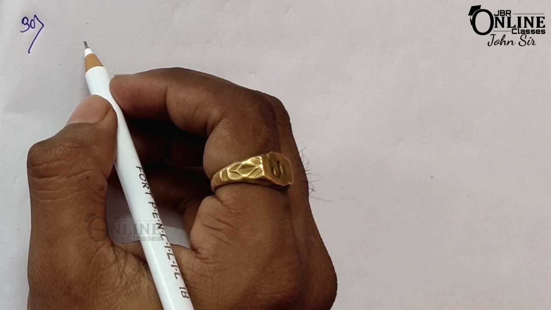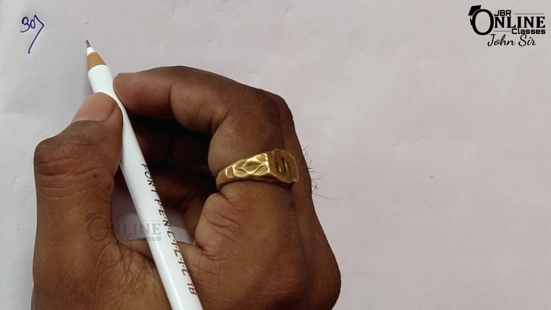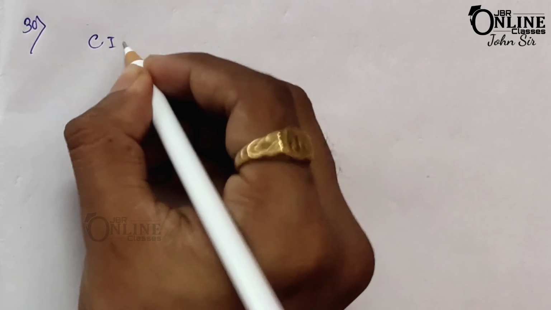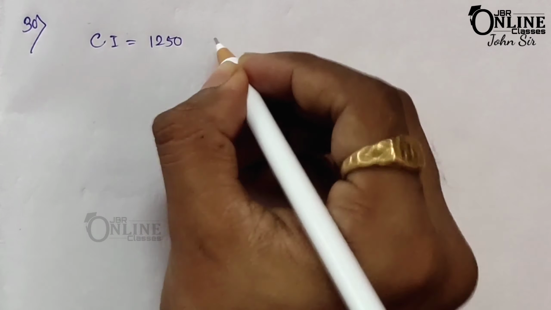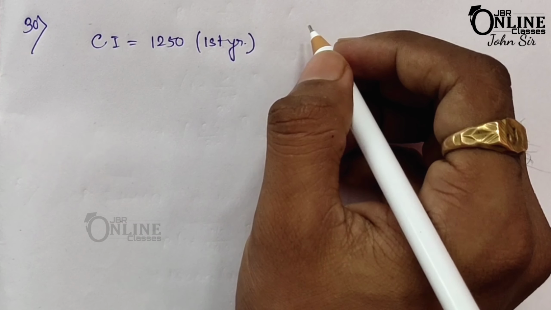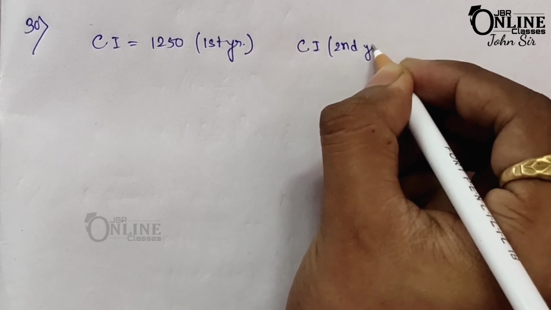Now sum number 30, the amount at compound interest which is calculated yearly on a certain sum of money is 1250. Okay, so that means here compound interest equal to 1250 for the first year, and rupees 1375 for the second year.